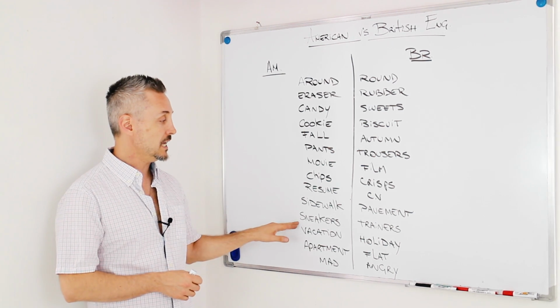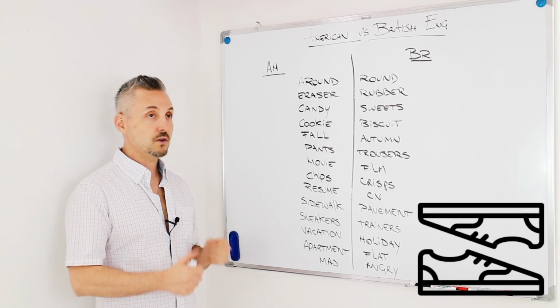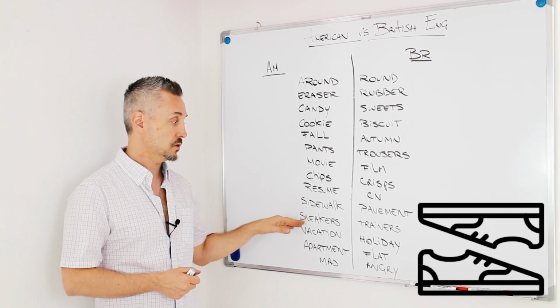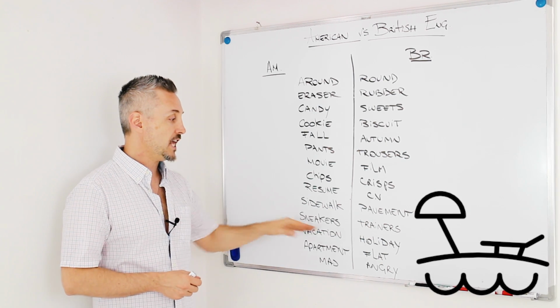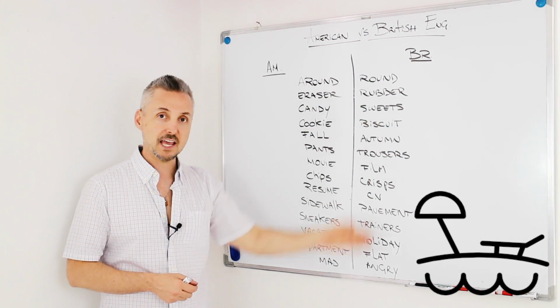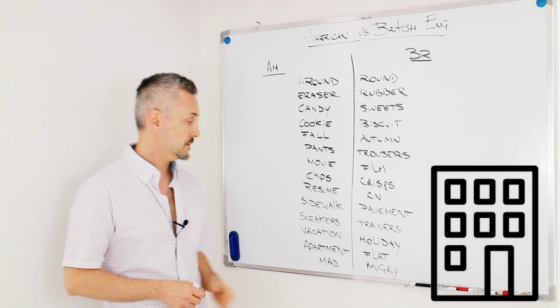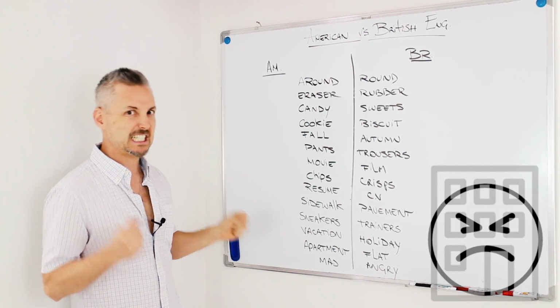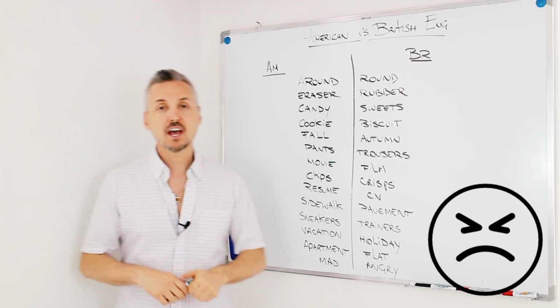Sneakers, trainers, okay. When you go jogging, for example, you use your sneakers or your trainers in British English. Vacation, okay, American English. Holiday, okay. Apartment, flat. Mad, okay, mad, angry in British English.